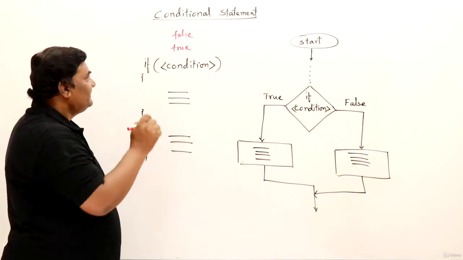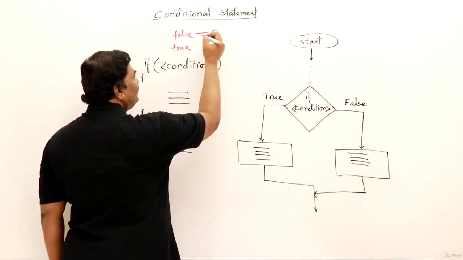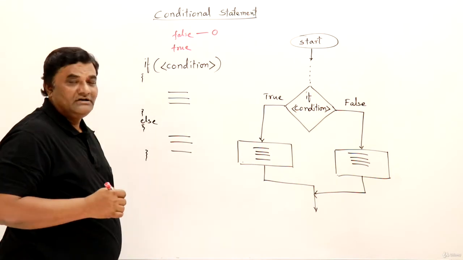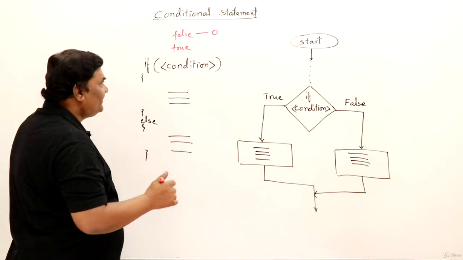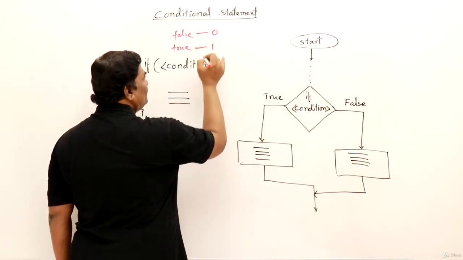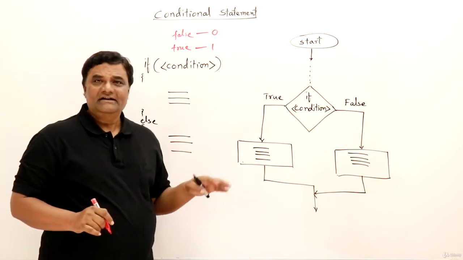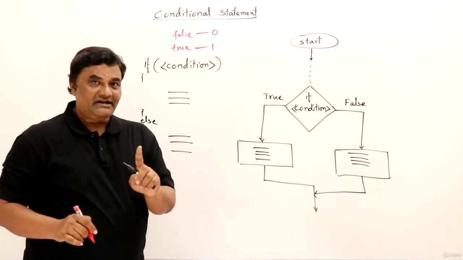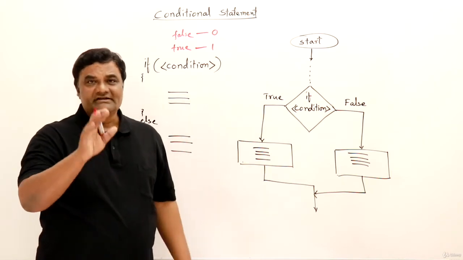True and false. In C++ programming, false means 0. And for true, any other value is true. Usually we say that 1 means true, but actually not just 1; any other integer value, not floating point, is treated as true.